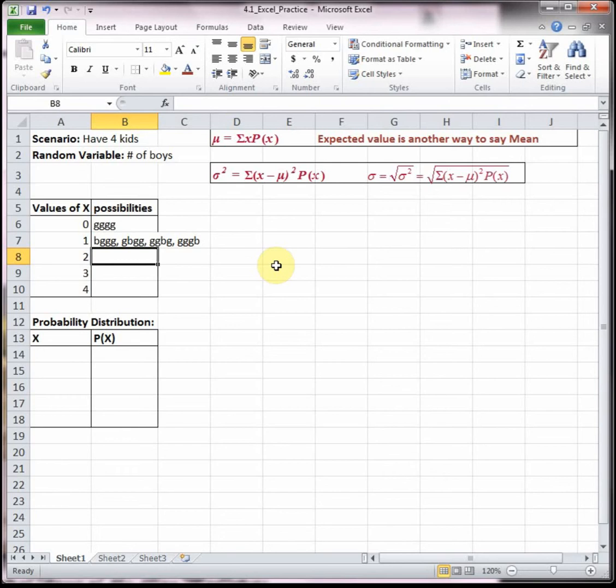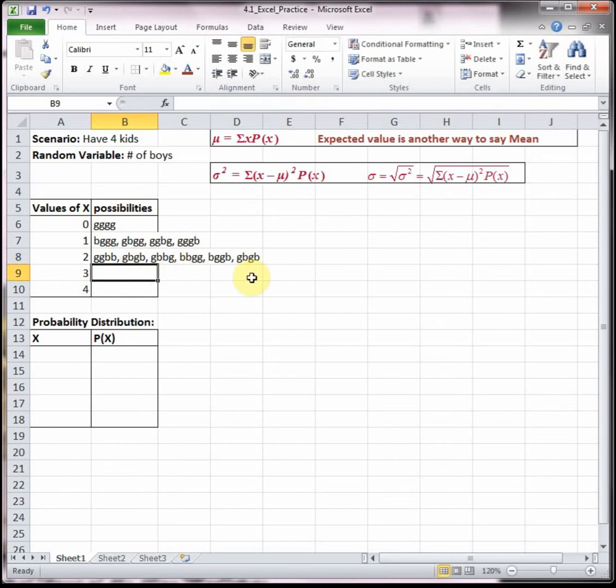So there are lots of different ways that we could have 1 boy with 3 girls. If we have 2 boys, well, there are even more. We could have girl, girl, boy, boy, or girl, boy, boy, girl. We can also have boy, boy, girl, girl, or boy, girl, girl, boy, or let's see, boy, girl, boy, girl. Are there any more? I think that's all of them.